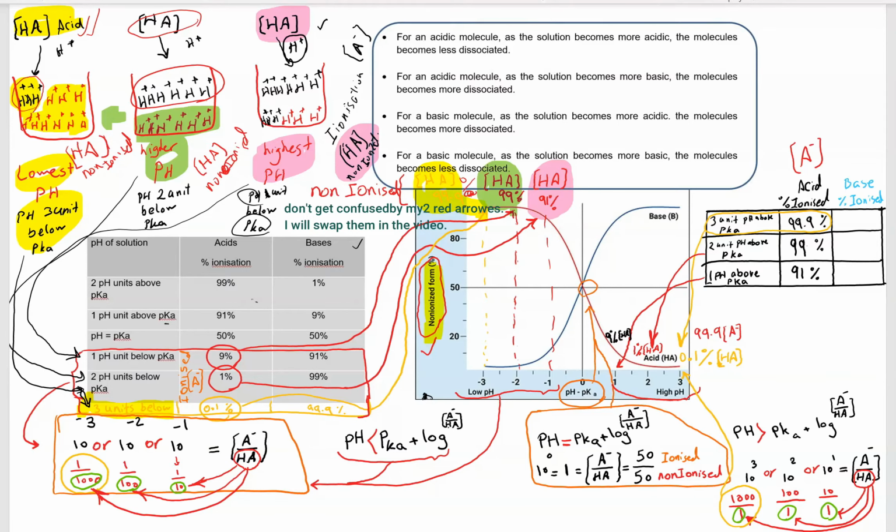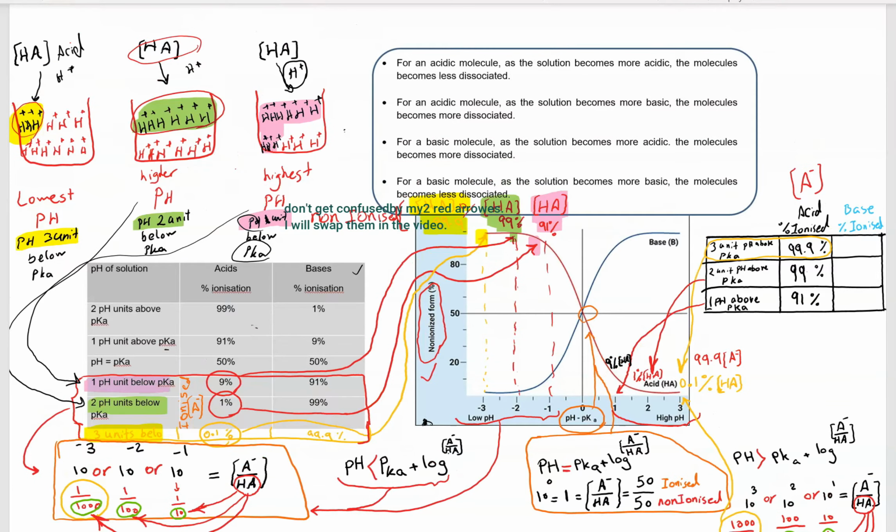Yeah. So again, in this part, I just want to explain what the meaning of that is. If your pH is 3 units below pKa, what does it mean? It means that your pKa is 3 units more than pH, or pH is 3 units less than pKa.